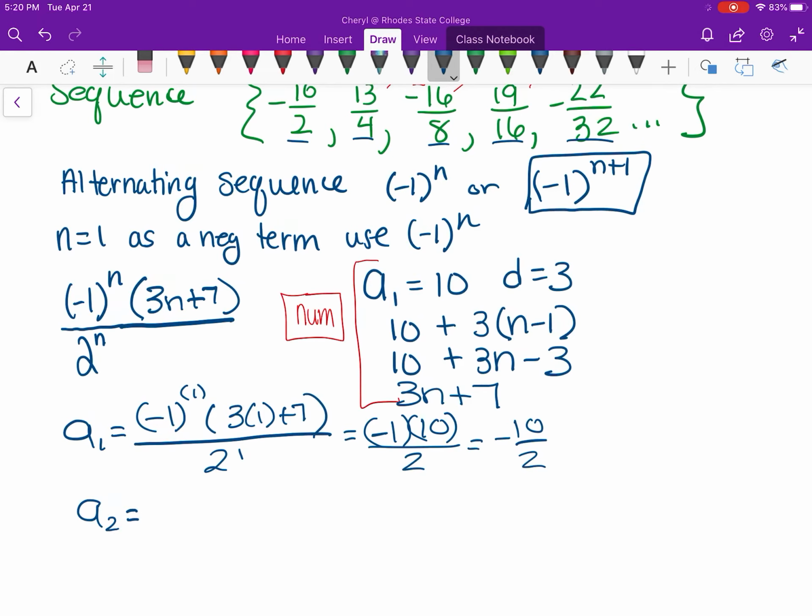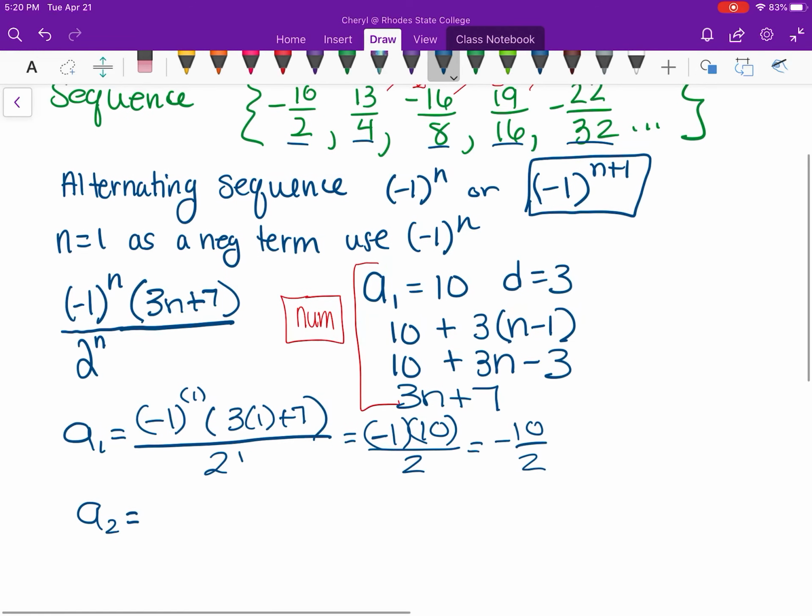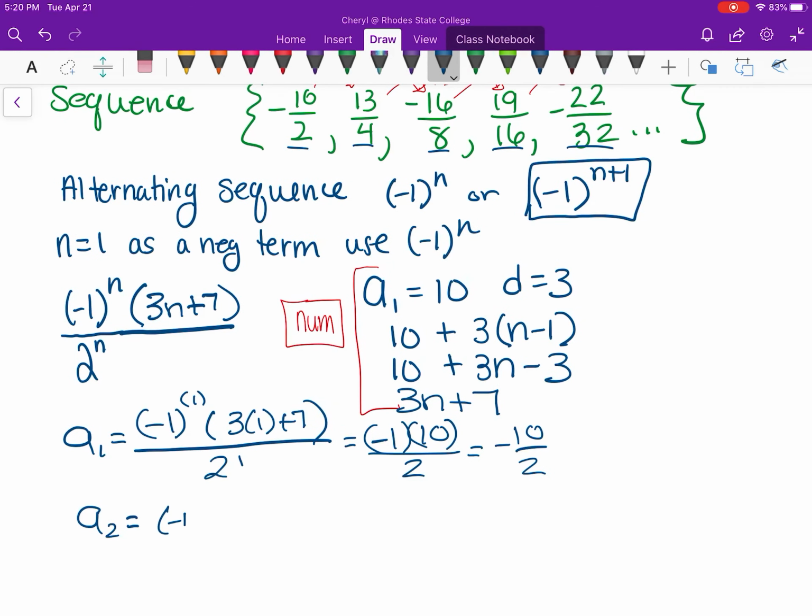Let's check the second term. Let's do another one just to make sure. If I plug in n as 2, I'm going to have negative 1 to the 2 power, then 3 times 2 plus 7 all over 2 squared. So I'm replacing all my n's with 2 now.